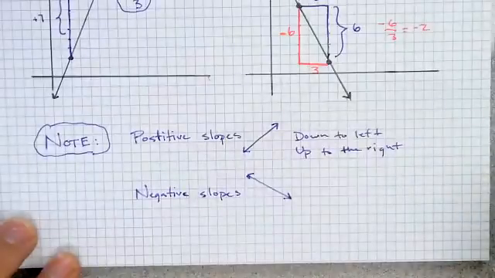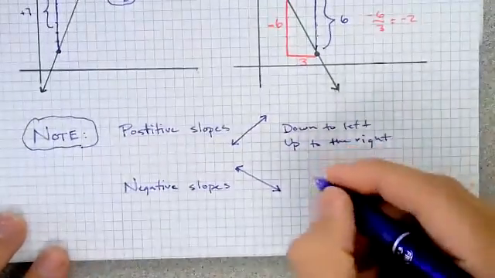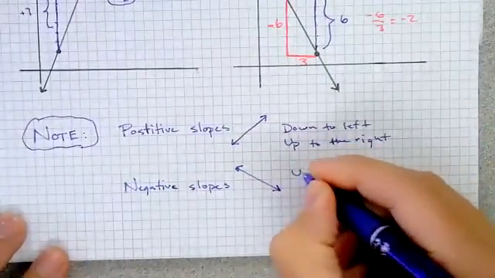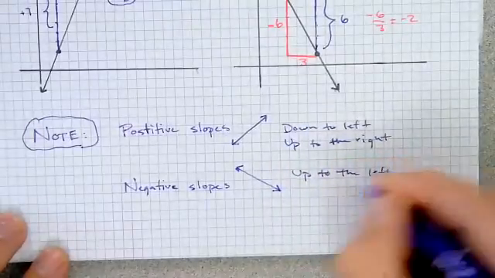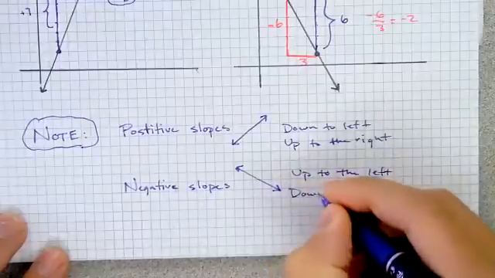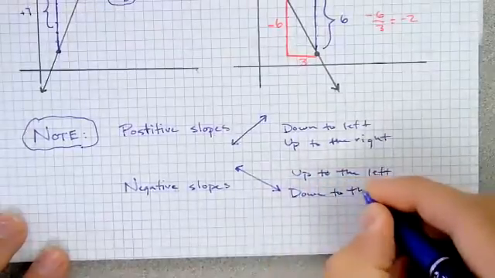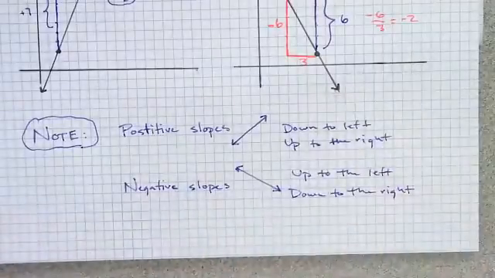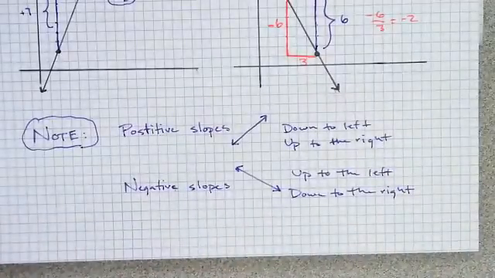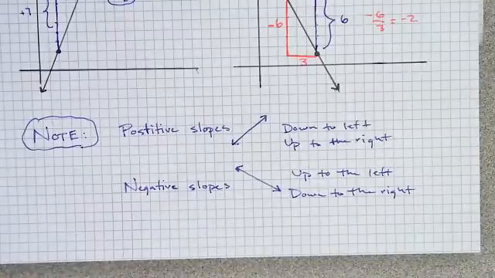Negative slopes are going to do the opposite, where it goes up and to the left and then down to the right.